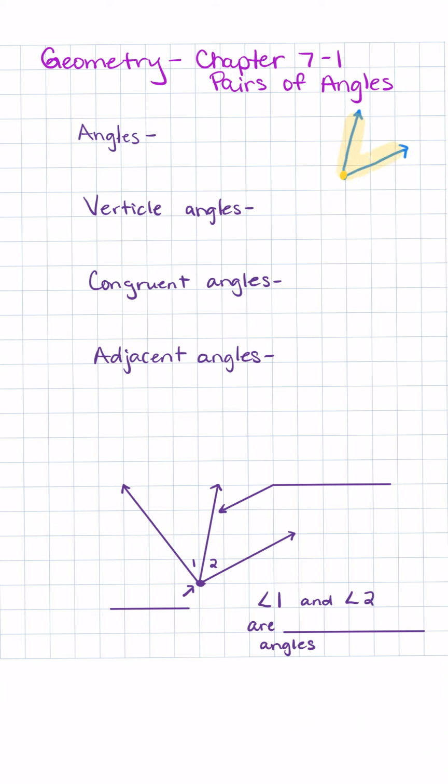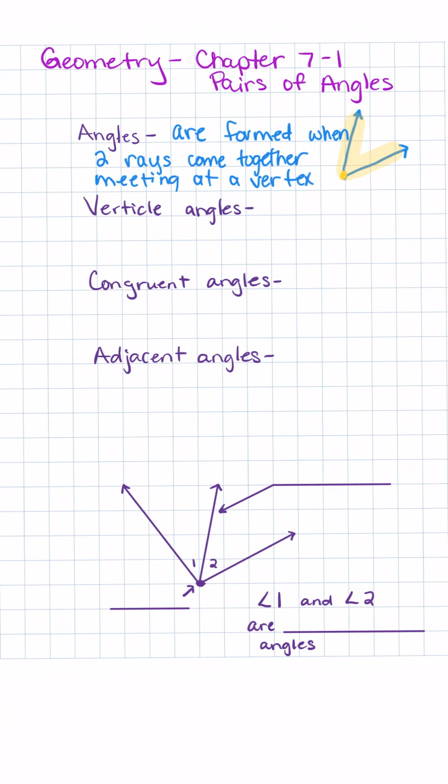So let's write that down. Angles are formed when two rays come together meeting at a vertex.